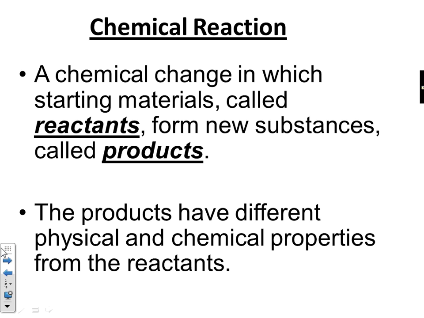We talked very briefly at the beginning about chemical change. That's what we're looking at very closely in this part of the unit. Chemical change, and then more specifically, how we can write the balanced chemical equations for these chemical changes, these reactions.